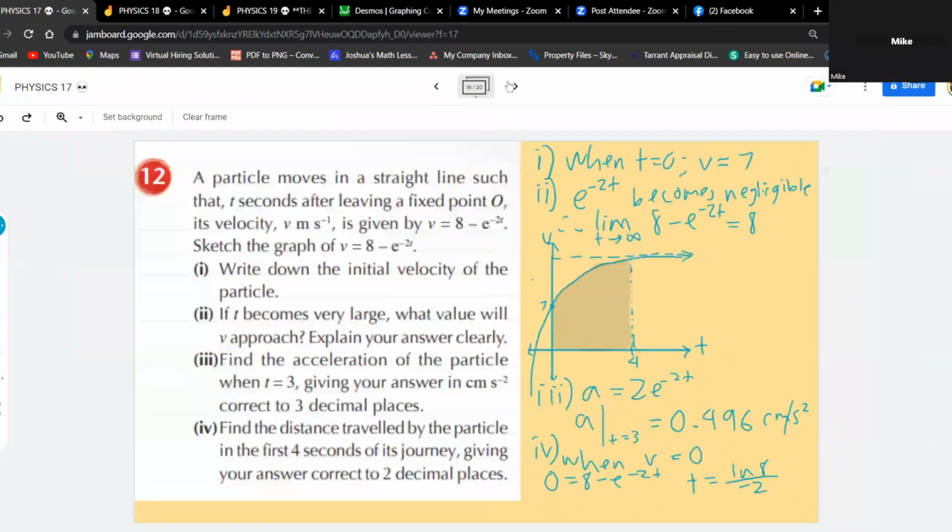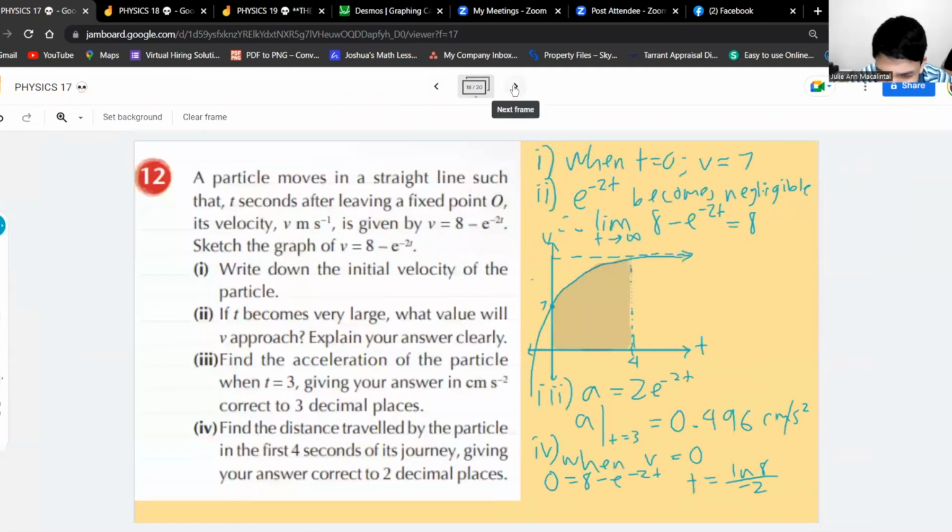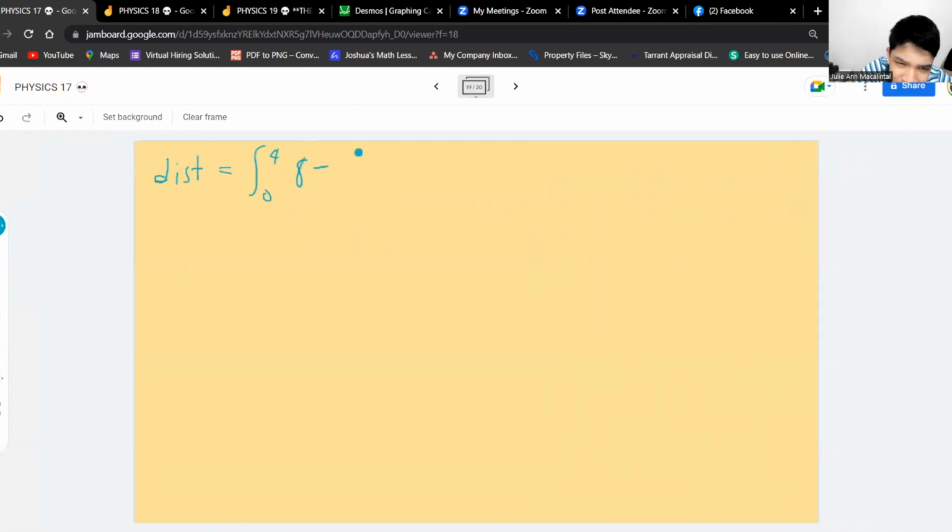Okay, so ngayon, set up the expression for the distance traveled. So, D is equal to... But I forgot. Ayun. Well, something.